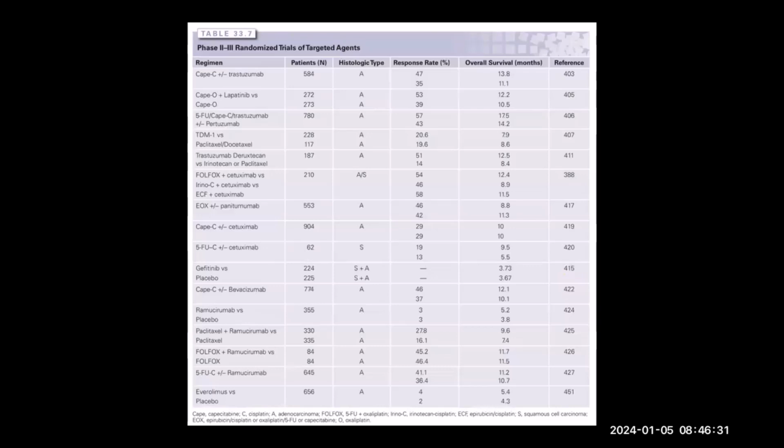But what I want you to look at is the response rates, which become important when we're looking in a locally advanced setting. Response rates have generally not been good, but there are a few agents that have a reasonably higher response rate, like trastuzumab deruxtecan, a response rate of 51 versus 14, and ramucirumab with a slightly higher one.